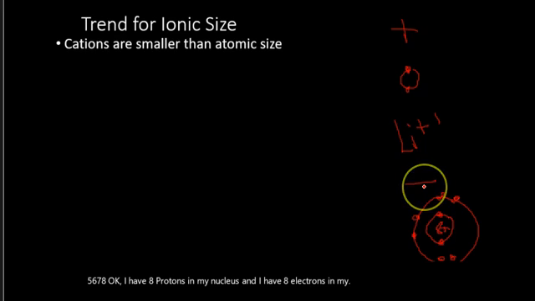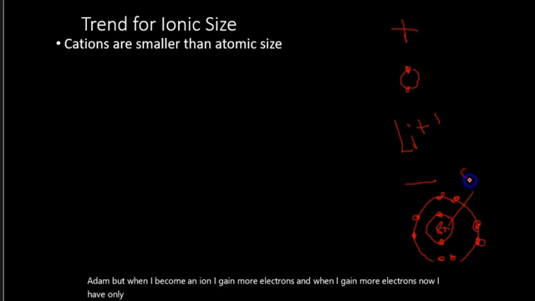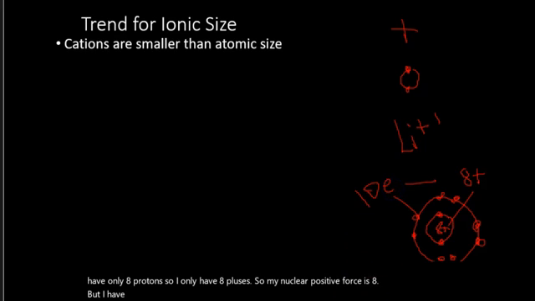But when I become an anion, I gain more electrons. Now I have only 8 protons, so I only have 8 pluses. So my nuclear positive force is 8, but I have 10 electrons. I kind of think of it as babysitting.